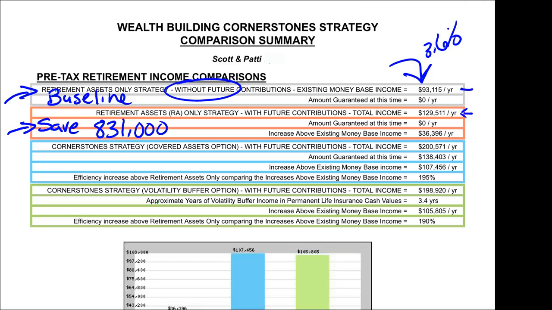Okay? Now, it's important to note that is a large amount of savings for not a large move in the overall income that you can draw from these retirement assets.